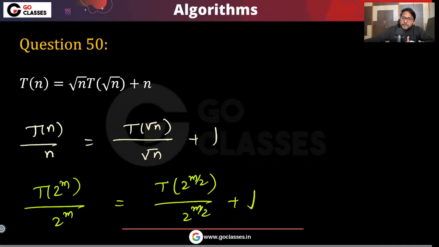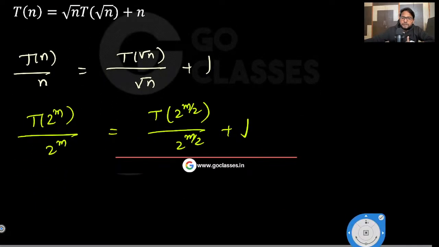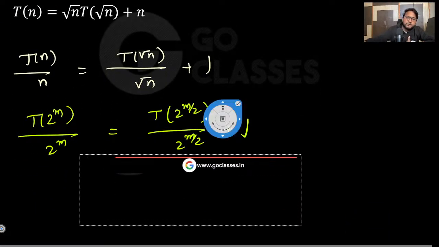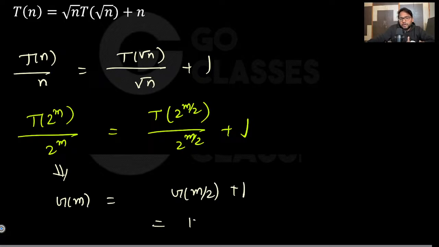Let's now further assume this to be g of m, which is going to be g(m) = g(m/2) + 1, which means this is just theta of log m, and this g(m) is nothing but T(n)/n, right?